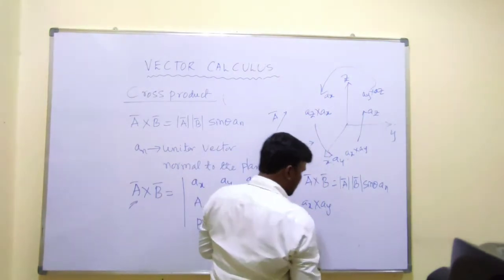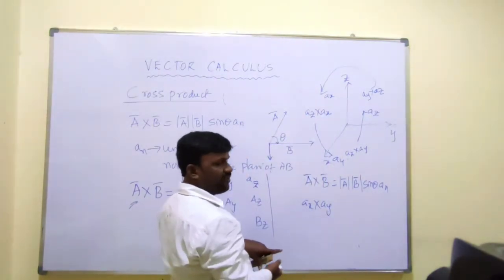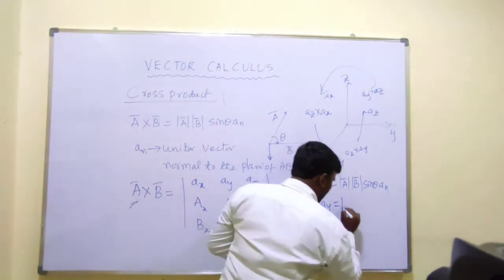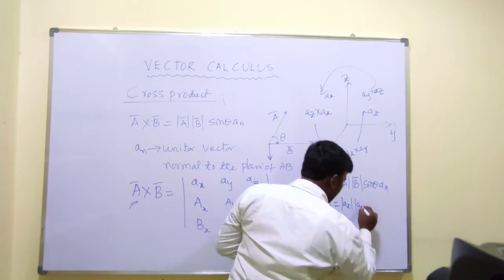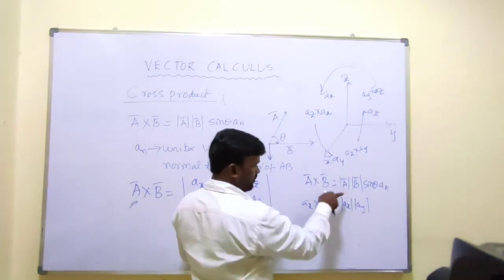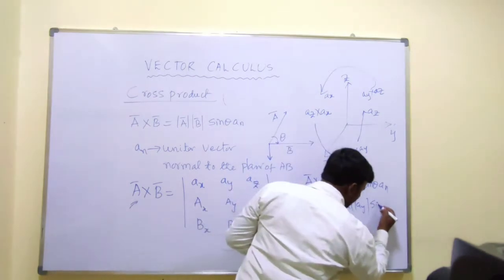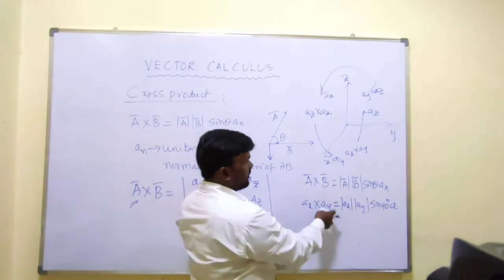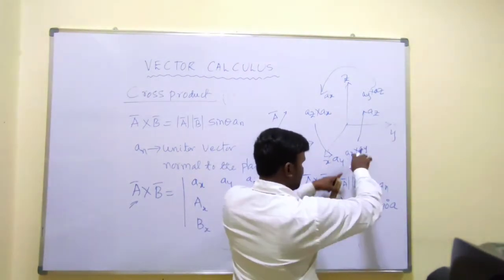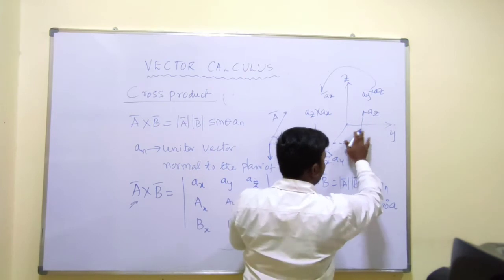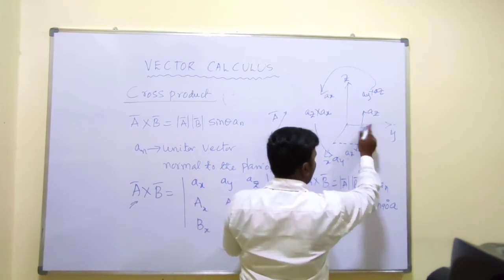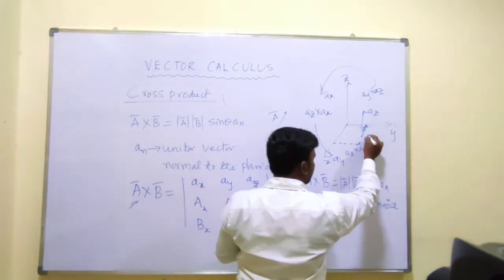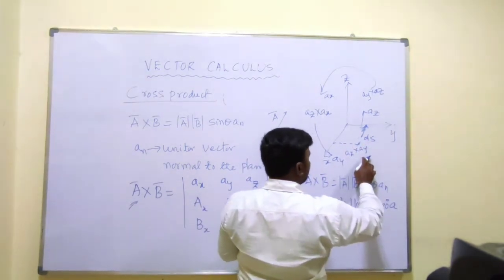The angle between Ax and Ay is 90 degrees, perpendicular to each other, since it is an orthogonal coordinate system. Mod A is Ax, mod B is Ay, sin 90 into an. What is an? Here I have a plane, a differential surface area, normal to what?